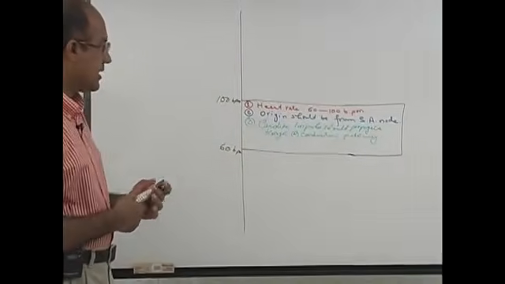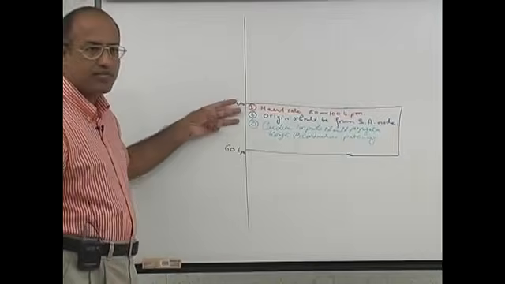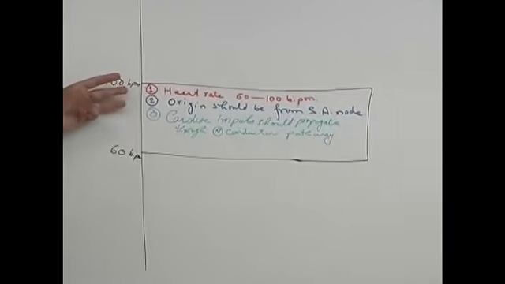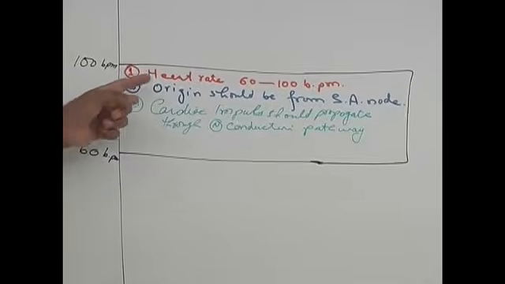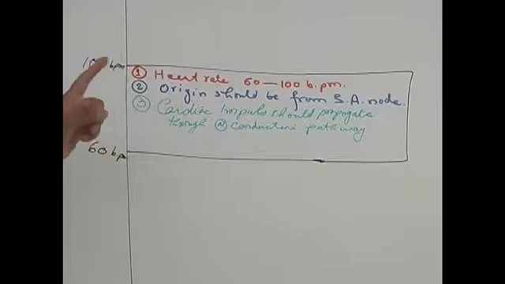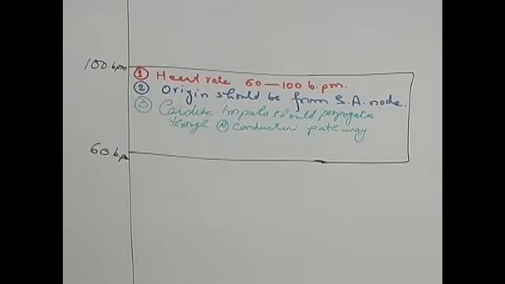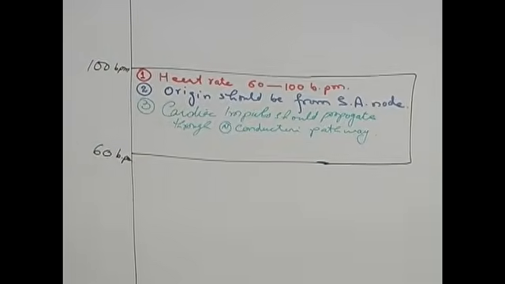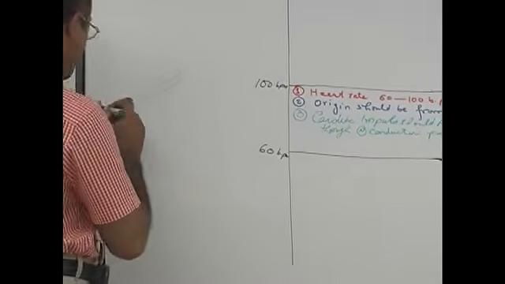Again, let's discuss the first three criteria. If I have to declare your heart rate is normal, it means number one, your heart rate should be between 60 to 100. Number two, every impulse should be originating from the SA node. Let's suppose here is the heart.